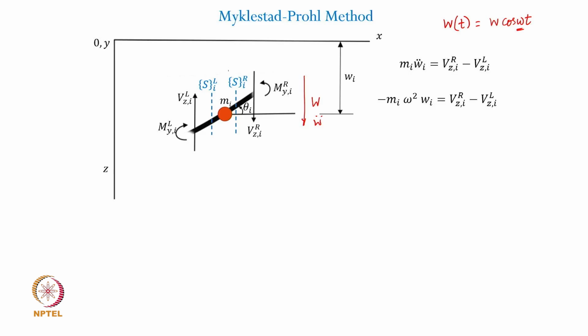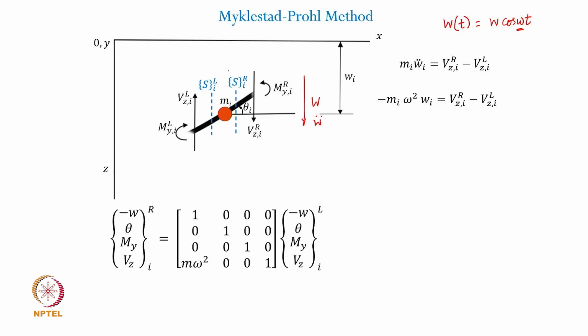So although the deflections are the same and the slopes are the same across the point mass, the moments are identical, they balance each other out. The shear force difference is the fictitious force, the inertia force, okay. But applying Newton's second law, we can get that relationship. The difference in the shear force turns out to be minus mi omega square Wi, right.